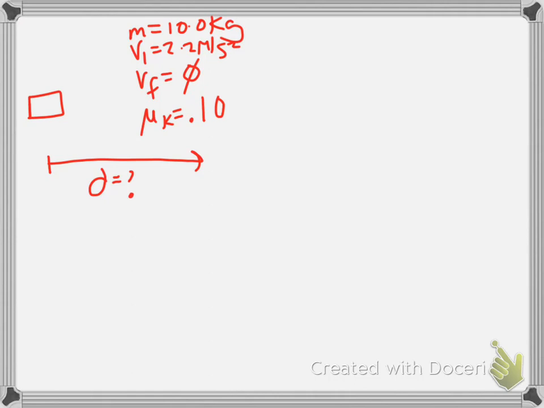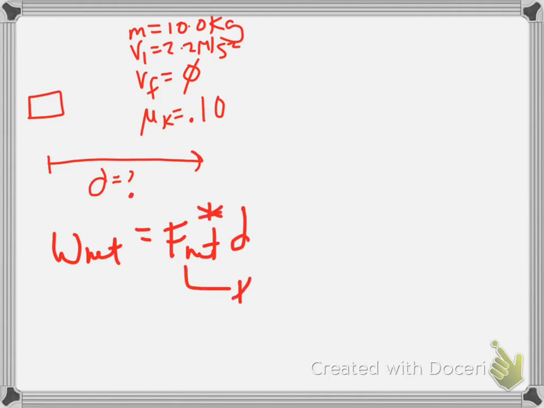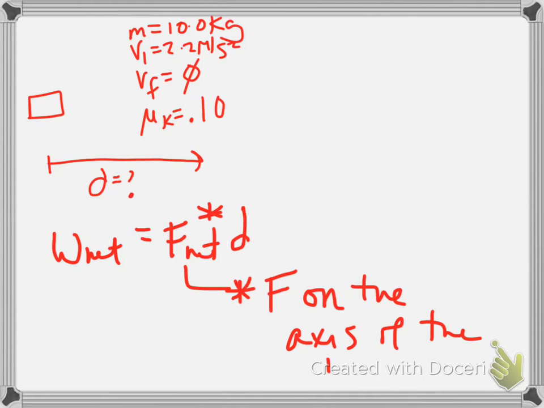Here are the two things we know. We know that the net work on the sled is the net force times d. And I'm going to make a note here, an asterisk, that this is the force on the axis of the work.